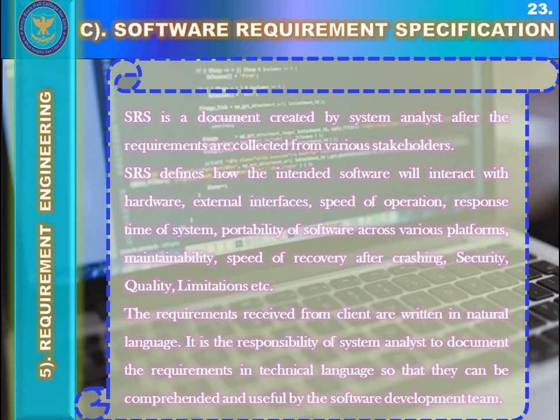The requirements are received from the end users and customers in natural language, but they are written in the software requirement specification document in technical language so that they can be comprehended and used by the software development team. The SRS should include the following features.